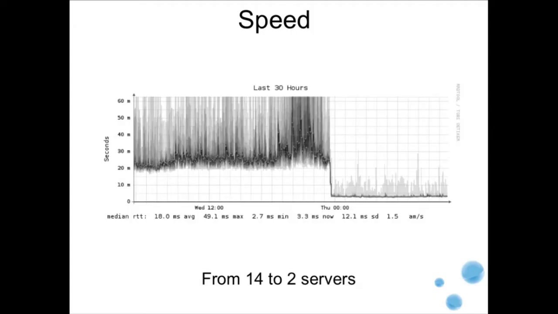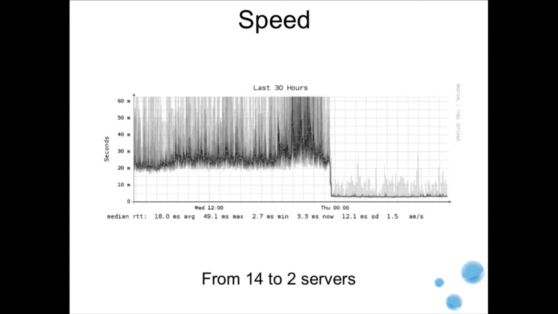Another aspect of speed: we migrated some somewhat trashy Norwegian website from, I think they were actually running 14 servers. They were also running Squid. And I need to stress that I'm not trying to badmouth Squid. Probably they weren't very good at tuning Squid.